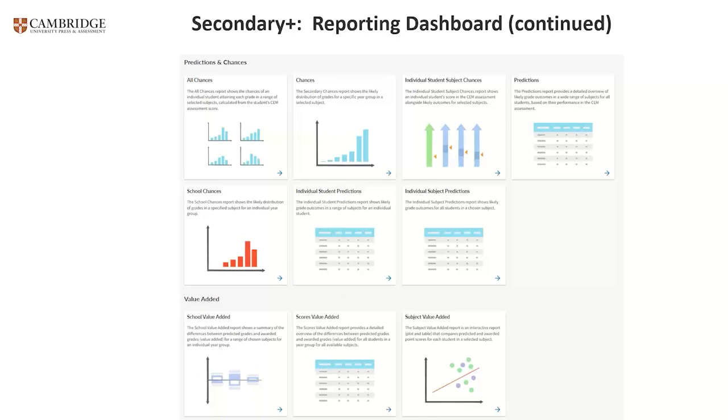So that's the first half of that page, and then the menu, yep, there's lots of reports there. The secondary system contains a wealth of reports looking at all sorts of different aspects of your students and establishment as a whole.